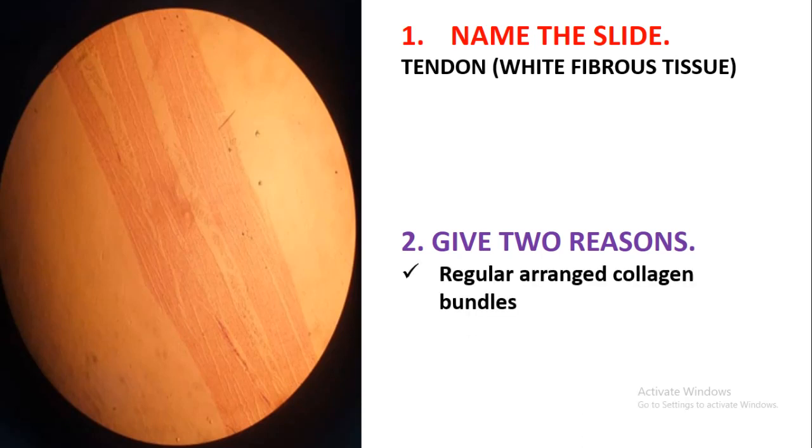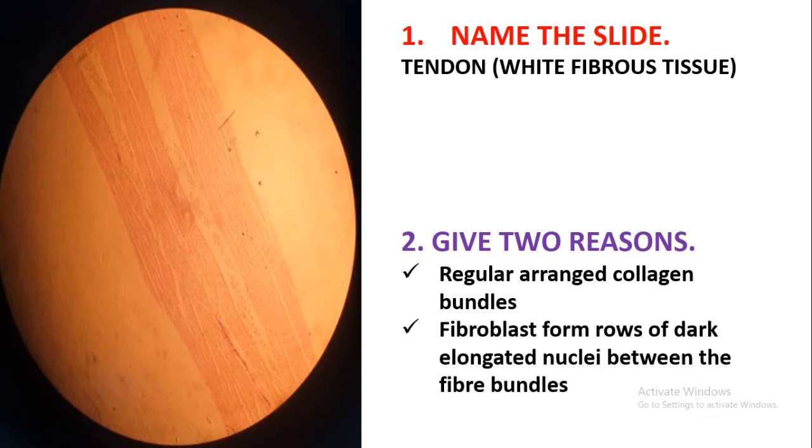the answer is, one, the regular arrangement of collagen bundles. If you look at the arrangement of the collagen bundles, they are in a regular pattern. The other reason is that the fibroblasts form rows of dark elongated nuclei between the fiber bundles. You can observe some fibroblasts, like this one, also that one, and that one.